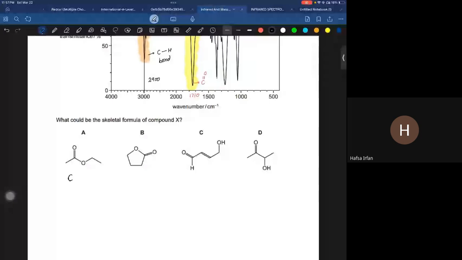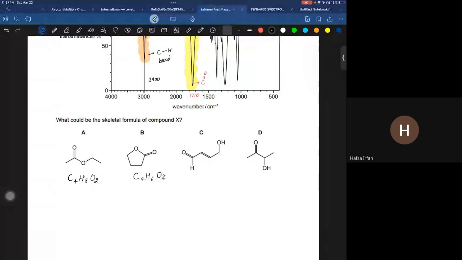So how can we decide whether A or B? Find the empirical formula. So this is carbon 1, 2, 3, 4, C4, and hydrogens 1 to 8, and then O2. Then this is 1, 2, 3, 4 carbon atoms. Hydrogens 1, 2, 3, 4, 5, 6 and then O2.